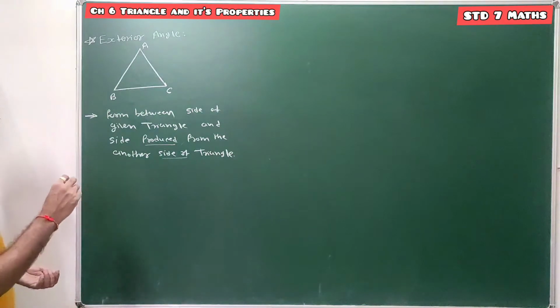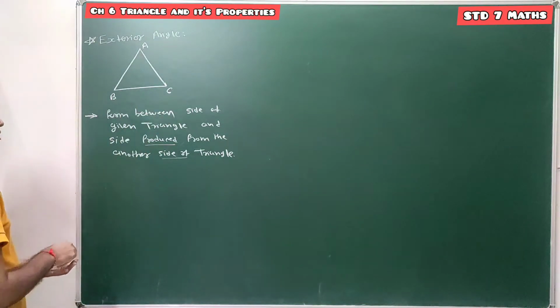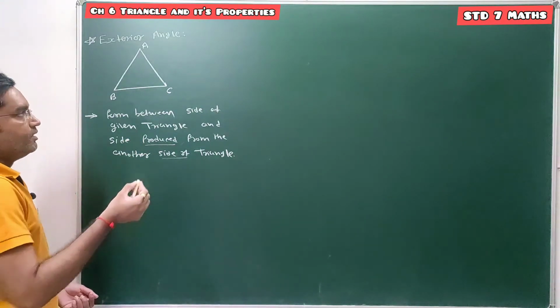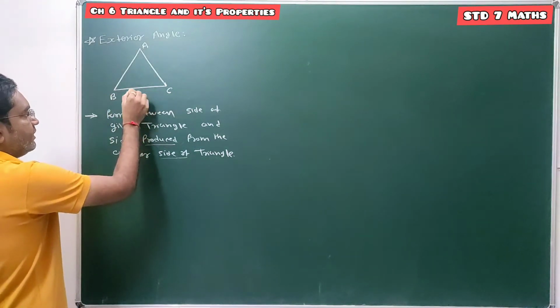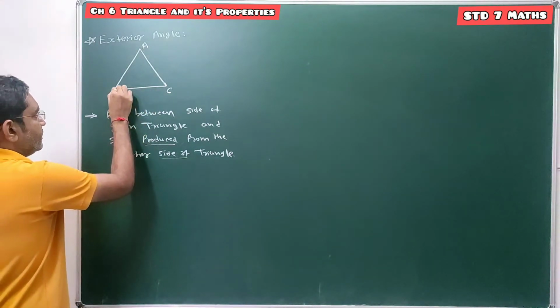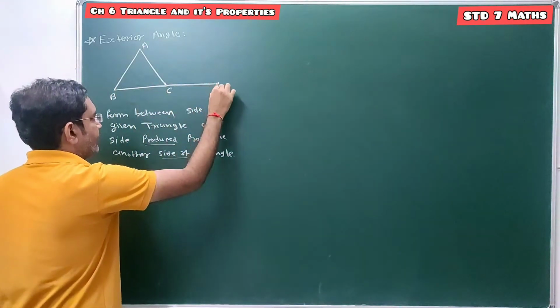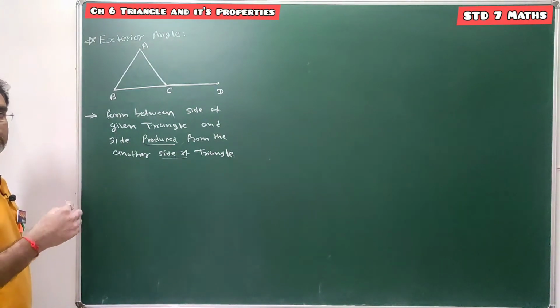Here I am producing point D from side BC. Producing side BC to point D is nothing but extending BC up to point D.